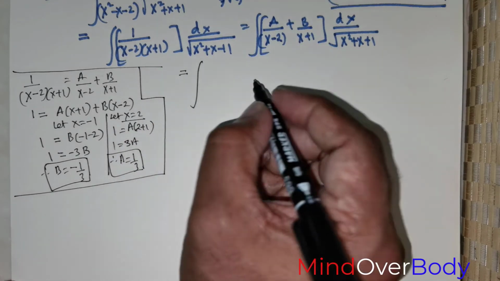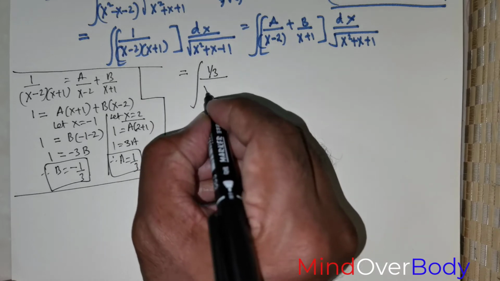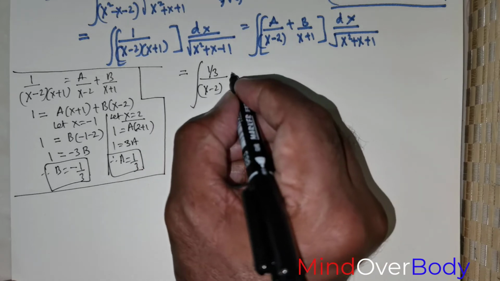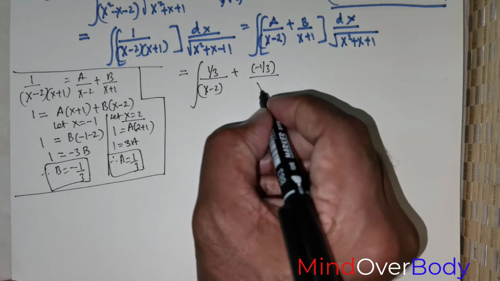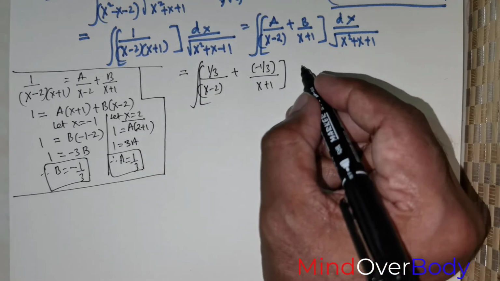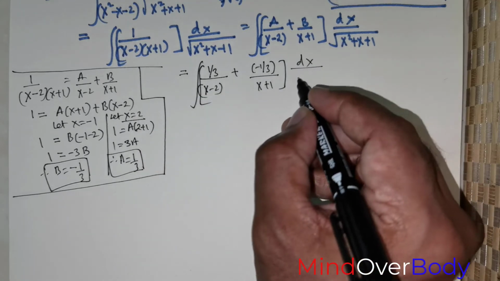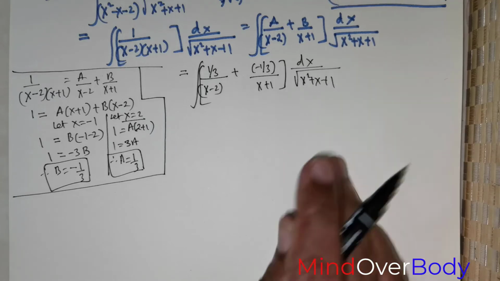So this is equal to the integral of (1/3)/(x − 2) + (−1/3)/(x + 1), times dx over root of x² + x + 1.